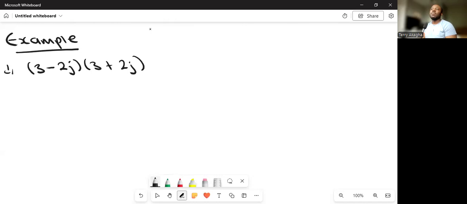So you can see that both are conjugates because they are exactly identical, except they are different in the middle part here. All right, so let's go with it now. I'm going to do the two methods. I'm going to use the first method, the long multiplication of two brackets that we talked about in the previous video. And then I'm going to use the shortcut in the second one. All right, so let's do this.